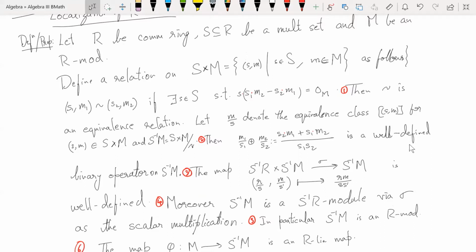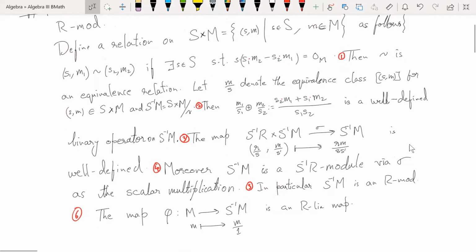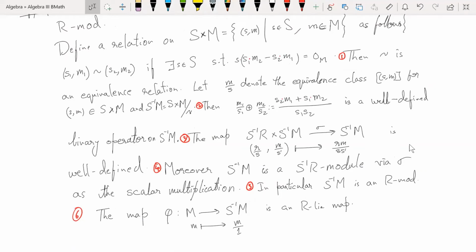Even if R is an integral domain, you need this extra element, because M is not R; it could be any R module. So this additional s such that s(s1 m2 minus s2 m1) is 0 in M is very important. This is an equivalence relation, and the equivalence classes we denoted by m over s. The set of equivalence classes we denoted by S inverse M.